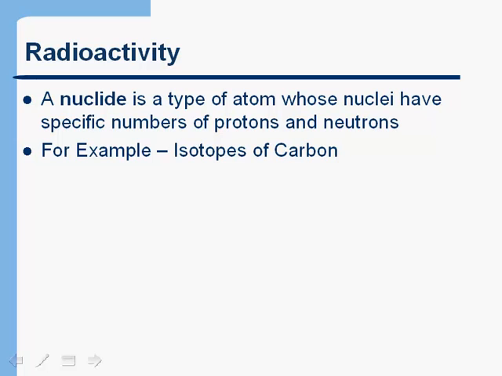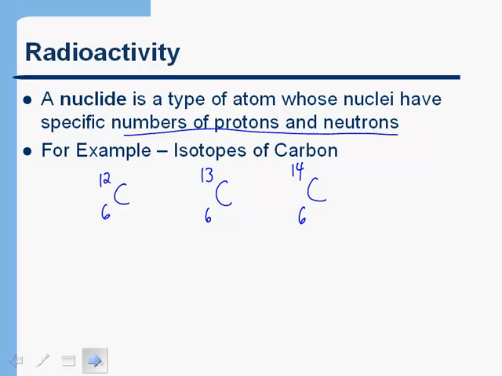For example, three common isotopes of carbon are carbon-12, which is 6 protons and 6 neutrons, carbon-13, which would be an additional neutron, and carbon-14, which has 2 additional neutrons. Each of those would be a different nuclide, with a specific number of protons and neutrons. So carbon-12 would be a different nuclide from carbon-13.